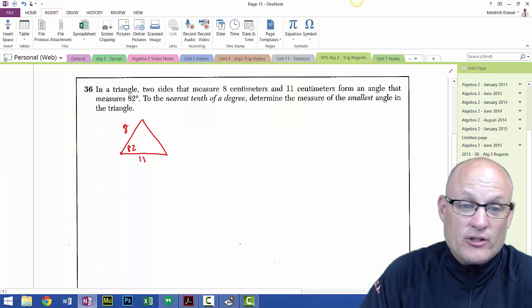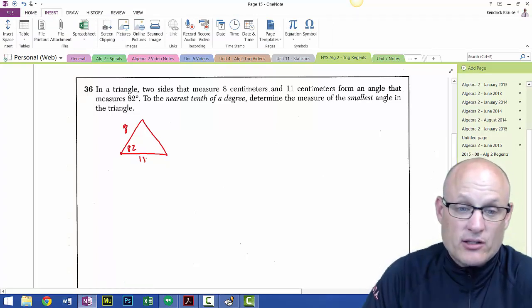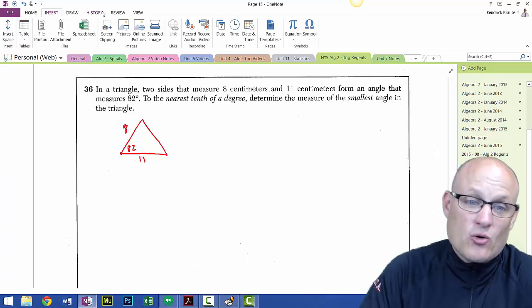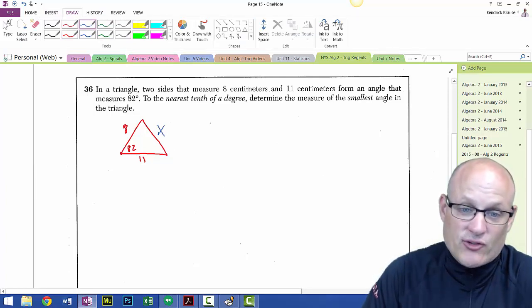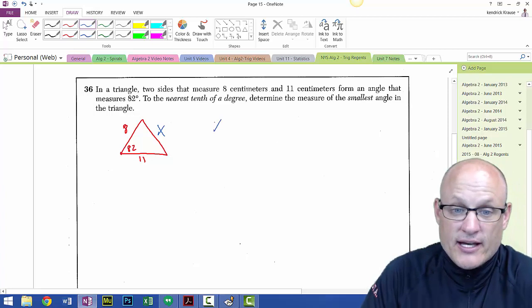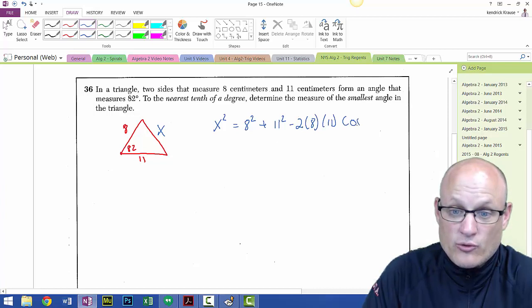Well, the only thing I can do is 8 over, oops, don't have that angle, equals 11 over, oops, don't have that angle. Not going to work. So my goal then is to try to find this side right here. This is side angle side, so I'm going to use the law of cosines. x squared equals 8 squared plus 11 squared minus 2 times 8 times 11 times the cosine of 82.